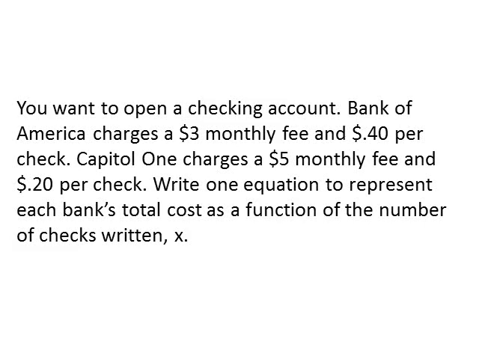And for Capital One, this is a separate equation. For Capital One, Y is going to equal 0.2X because the rate is 20 cents, plus what's the cost if I didn't write any checks? It would be 5. Now by writing those two equations, you have just set up a system of equations.